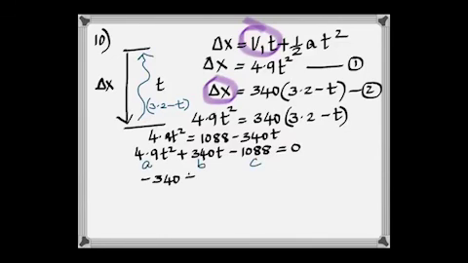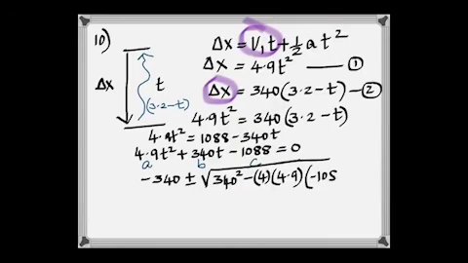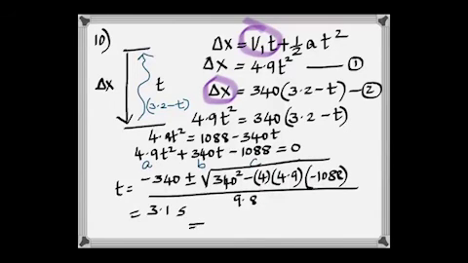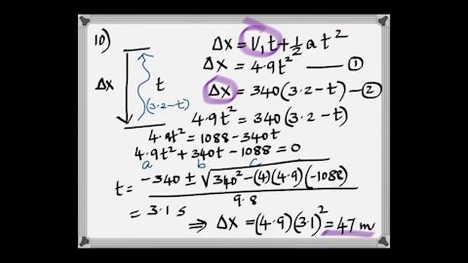Negative 340 became positive 340, and it took me some time to realize. So you get the time as 3.1, take it and plug it back into one of those equations. I put it into equation 1, and I got it as 47 meters.